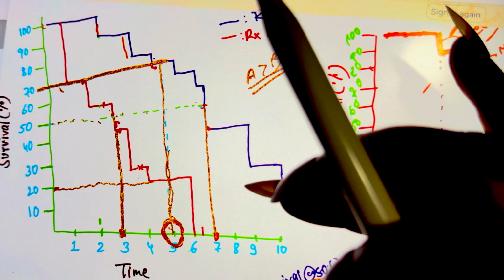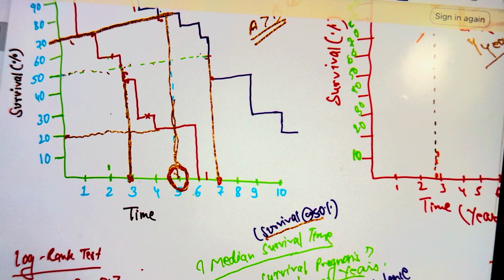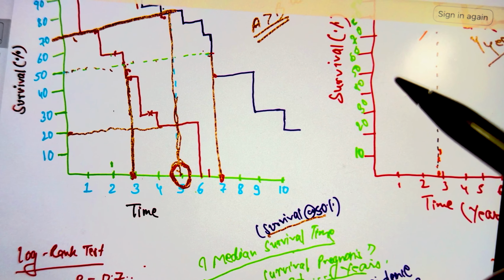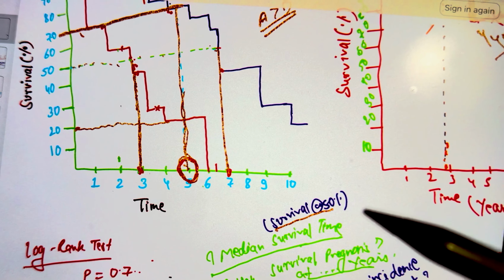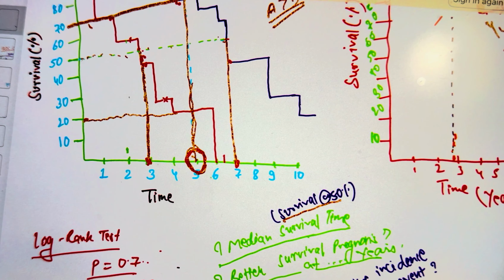Now the other one can be the cumulative incidence of the event. What will be the cumulative incidence of the event? That will be 1 minus the survival percentage.